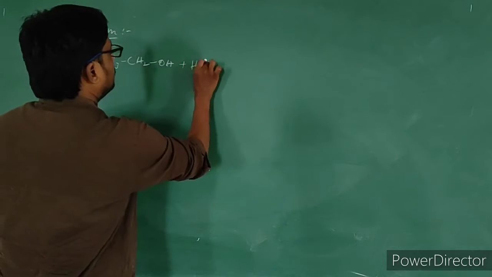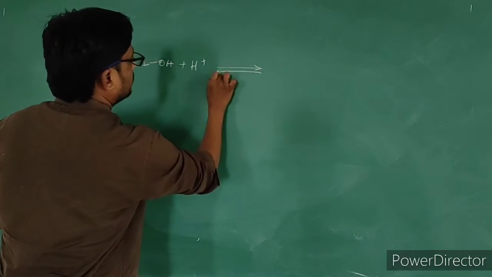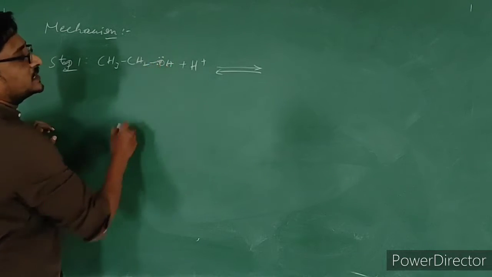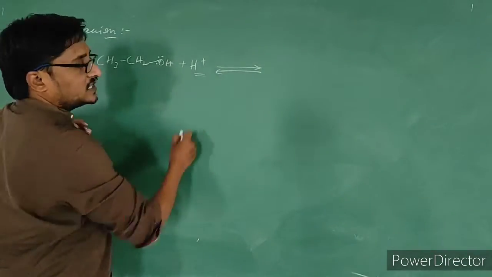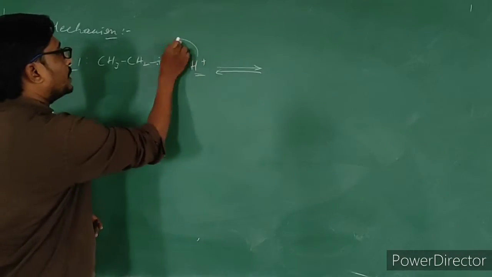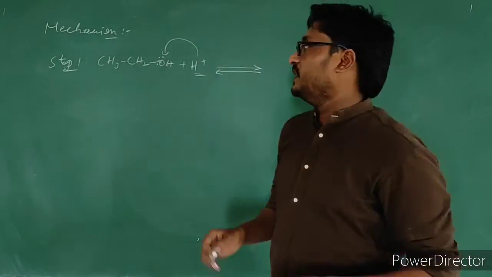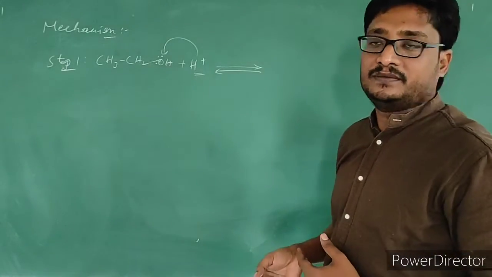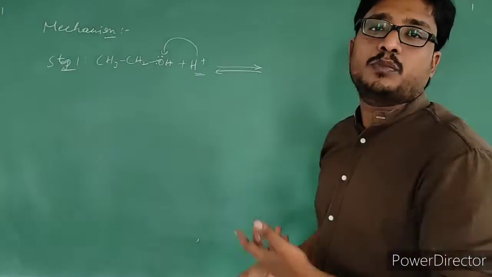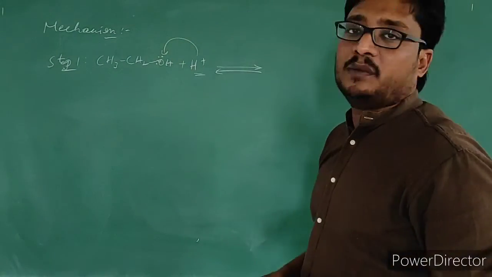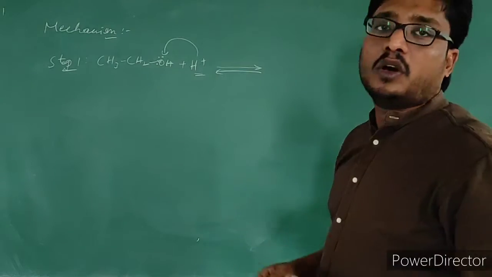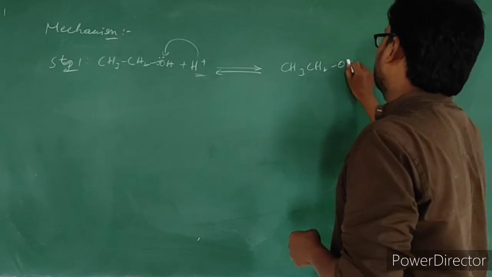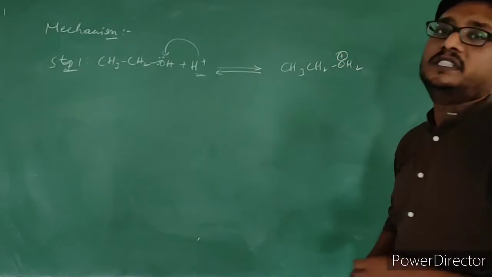The oxygen in this alcohol contains two lone pairs. Since H plus is electron deficient, it will bind onto this oxygen. When it binds onto the oxygen of the OH group, protonated alcohol gets produced. Since H plus is a proton and is added to the OH group of the alcohol, we call it protonated alcohol.